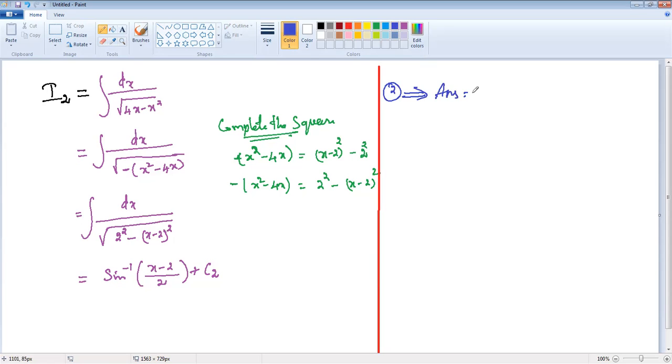So the final answer is equal to how much? What is the first, equation number 2, minus 1 by 2 into I1, right? Minus 1 by 2 I1 plus 4 I2. So you are getting it as minus 1 by 2. What did we get for I1?